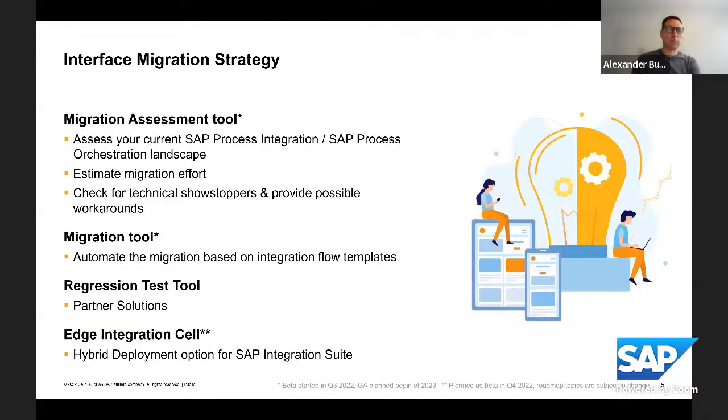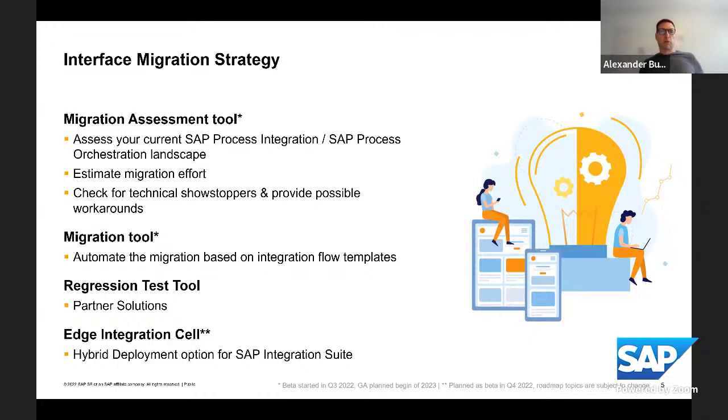As said, we have two partners we work closely with, and they provide regression test tools, and this would complete the overall end-to-end migration process, right? From assessment and planning, to the actual migration, and then to the regression test tooling in order to ensure that your scenarios run after the migration as expected.